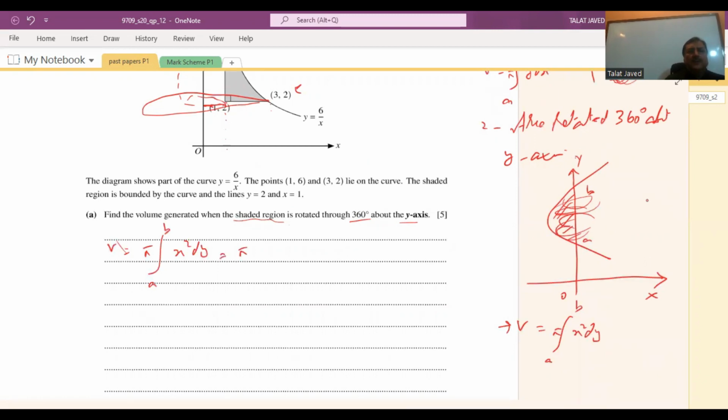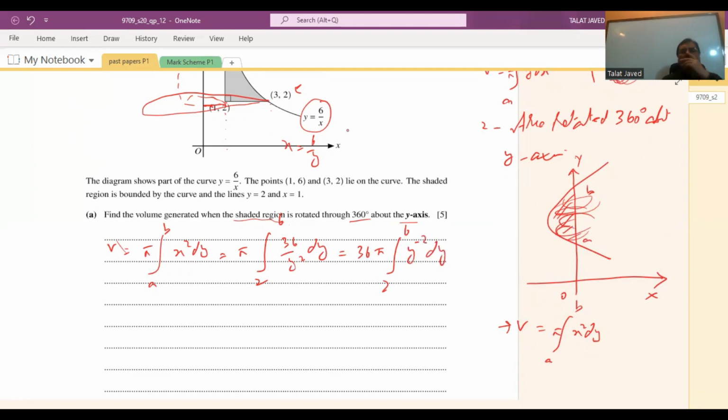So we apply this formula from 2 to 6. The curve is given as y equal to 6 over x, so x is equal to 6 over y. Then x squared is 36 over y squared, so the volume is 36 pi times the integral from 2 to 6 of y to the power minus 2 dy.